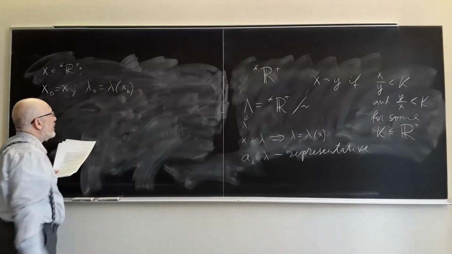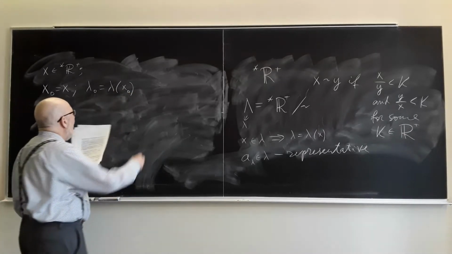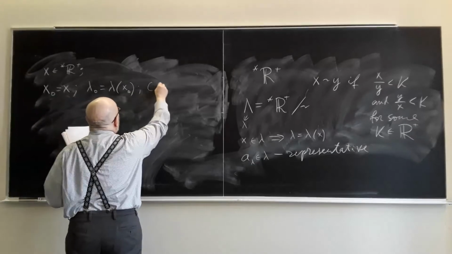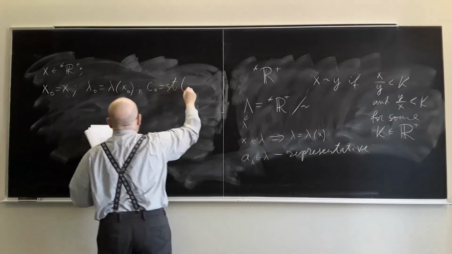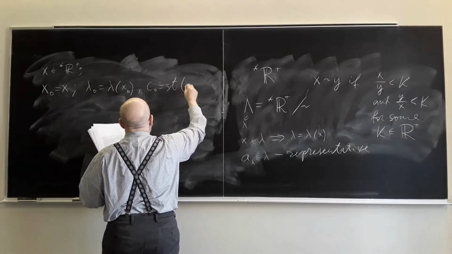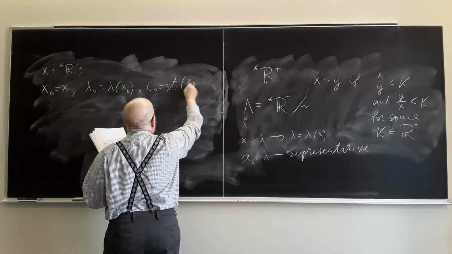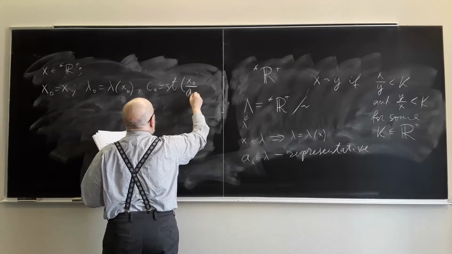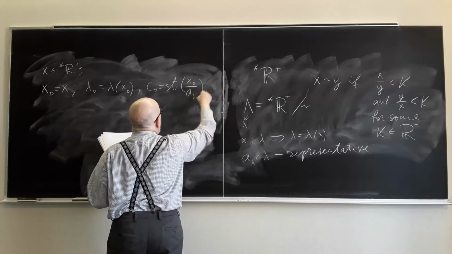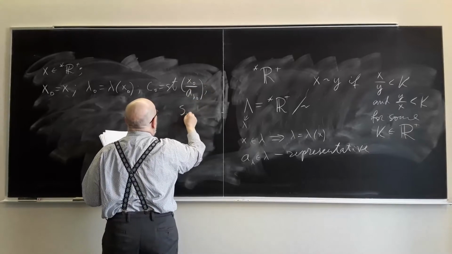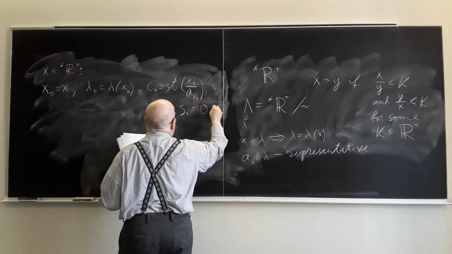So it is the class where x0 is. c0 is the standard part of x0 divided by a lambda 0, and s0 is 0.